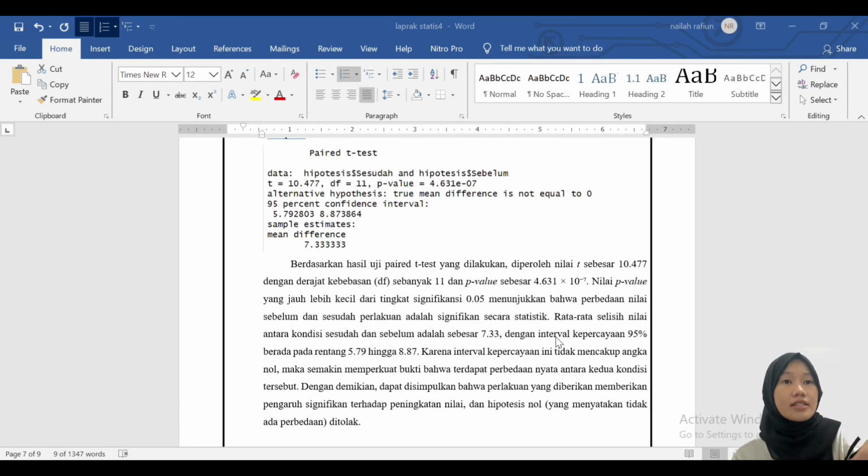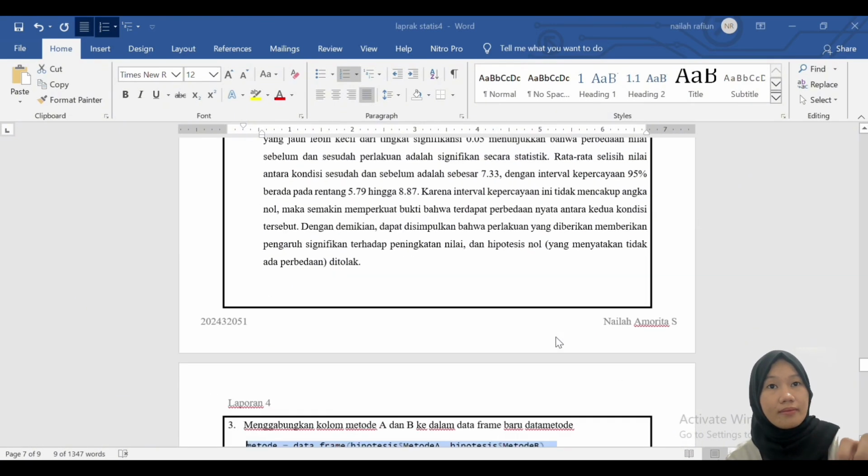Since the confidence interval does not include 0, it further strengthens the evidence that there is a real difference between the two conditions. Thus, it can be concluded that the treatment provided had a significant effect on the increase in scores, and the null hypothesis, which states there is no difference, is rejected.